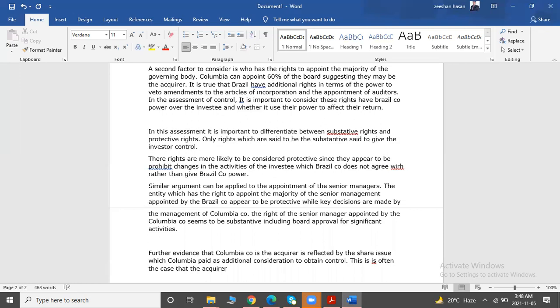The acquirer has to pay a premium on acquisition for their equity interest. Columbia Company has in fact had to pay additional consideration equal to $1.25 million.